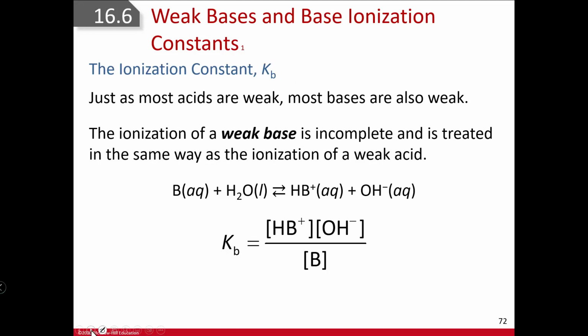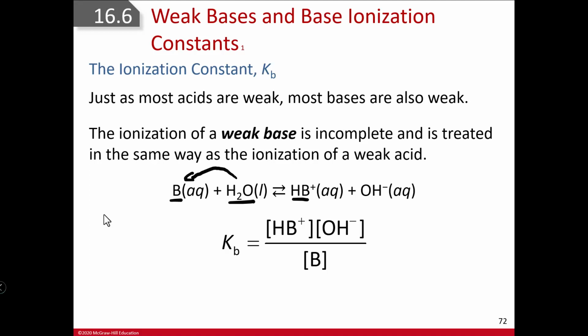All right. So most bases that we're going to work with in real life are weak bases. The general form for a weak base is that you have B, for base, reacts with water. According to the Bronsted definition, water will act as an acid and donate a hydrogen ion to the base.